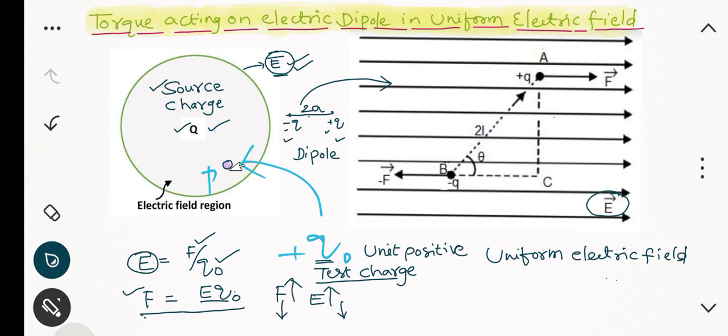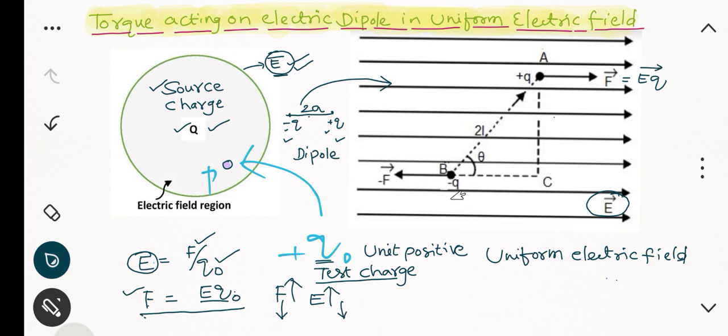If one charge is placed, then there exists a force F equal to E into Q naught. For a dipole, there exist two forces. The one acting on the positive charge has magnitude equal to the electric field intensity times the charge Q, so the direction of electric field and the direction of force will be the same.